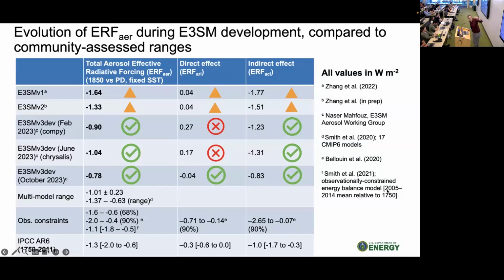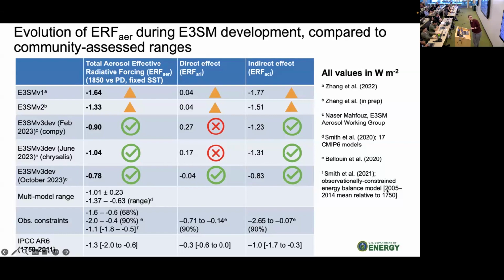We also had a slightly positive direct effect, which is inconsistent with the most recent assessments, which say the direct effect should be slightly negative. And then we had a very, very strong indirect effect. In E3SM V2, there was a retuning of the convection and other parts of the model that led to a weakening of the total aerosol effective radiative forcing, mostly due to a weakening of the indirect effect.